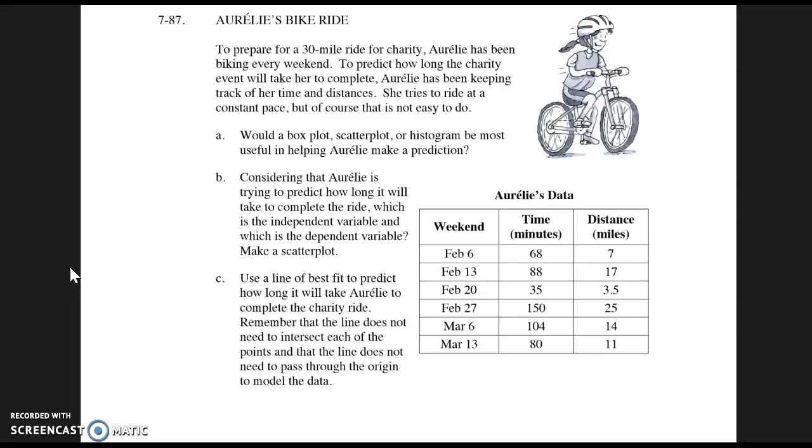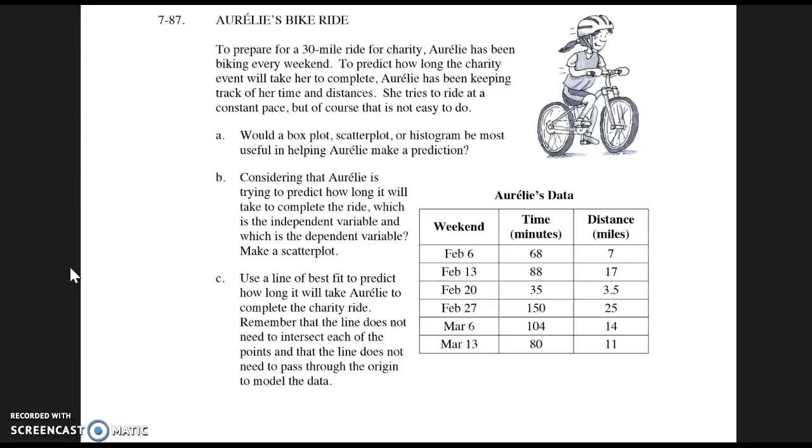In order to predict how long the charity event will take her to complete, she's been keeping track of her time and distance. So, in looking at this table, we've got distances for each time, and we need to specifically think of what is the problem, what are we trying to find, what would be the input and the output.